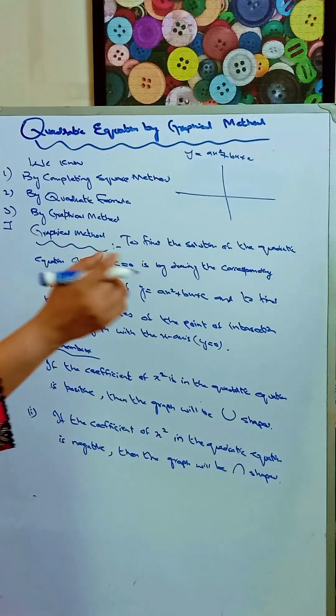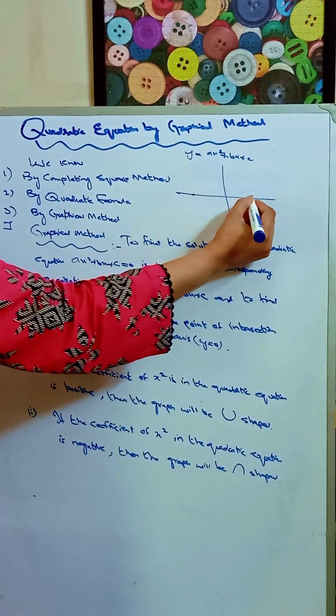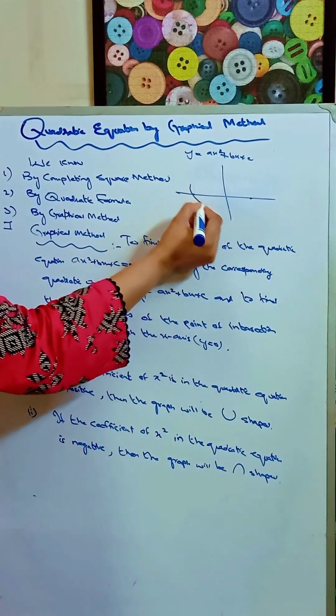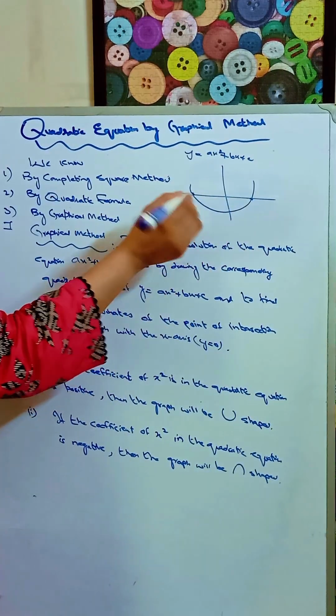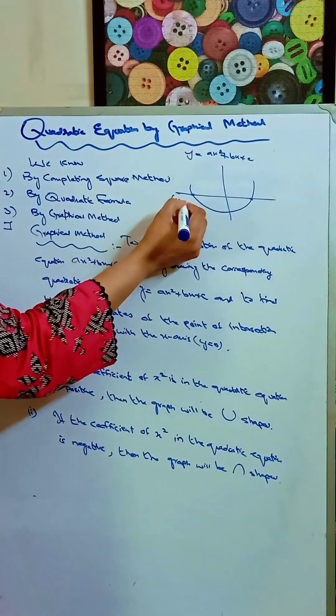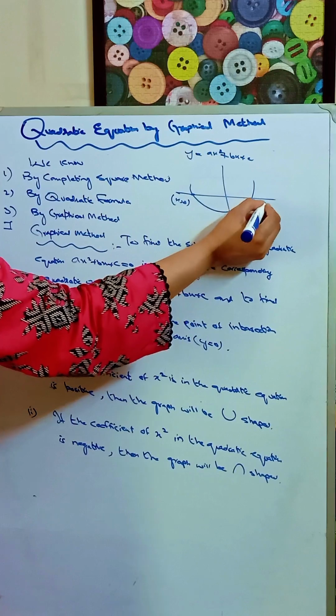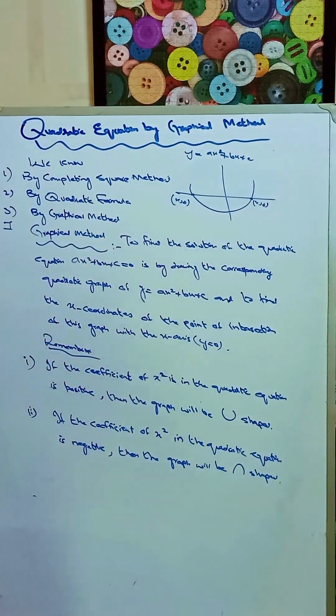Point of intersection means the point where it meets the x-axis, like this one. To find the x coordinates, whatever value of x is where y is 0, is known as the graphical method.